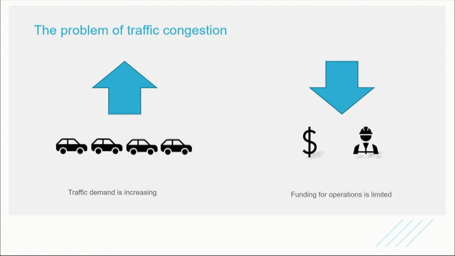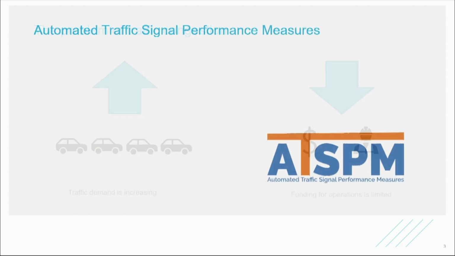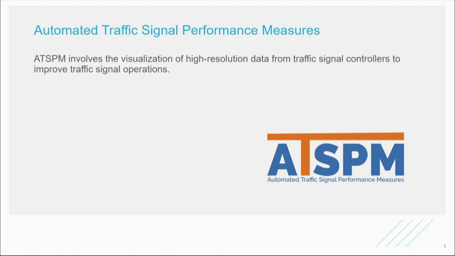At the same time, we're seeing downward pressure or limitations on funding to improve operations. Wouldn't it be nice if there was a tool that traffic engineers could use to look across their entire state and see what the conditions of the traffic signals were and how they were operating? Well, good news: there's something called automated traffic signal performance measures.